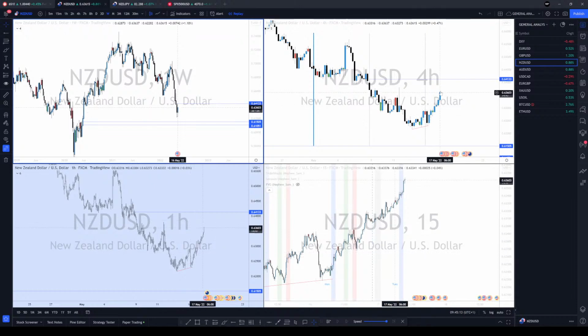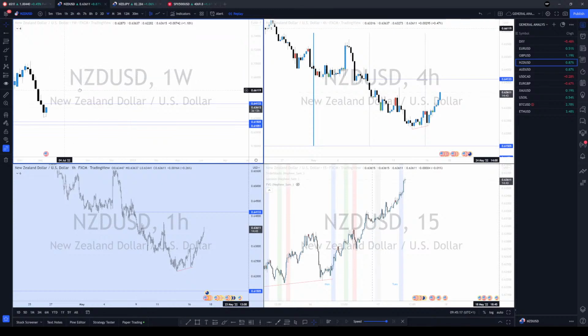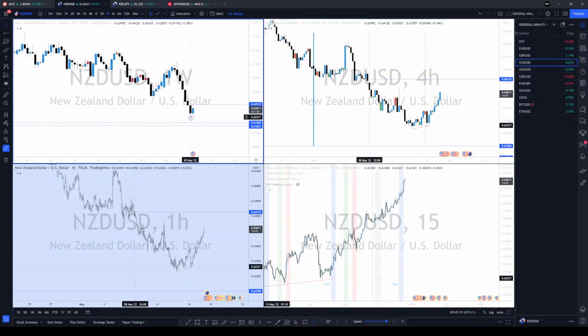If you're long, don't look at this as a reversal. It's just pulling back. I like the fact that the previous week low is so intact. That will be the draw on liquidity once we reject and start coming back down again. Okay, so there you go.